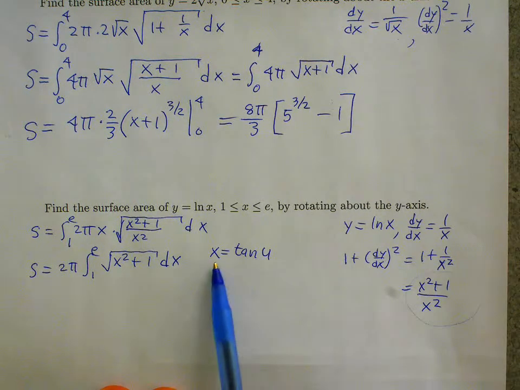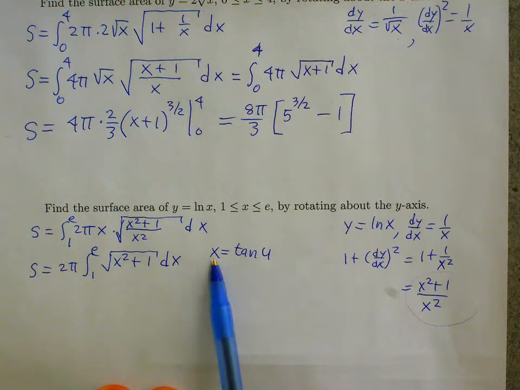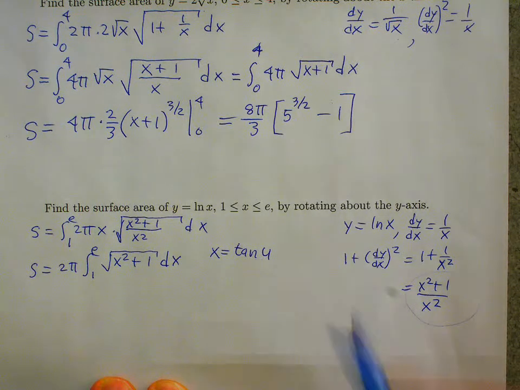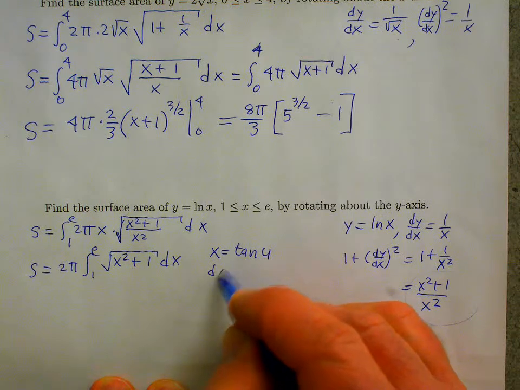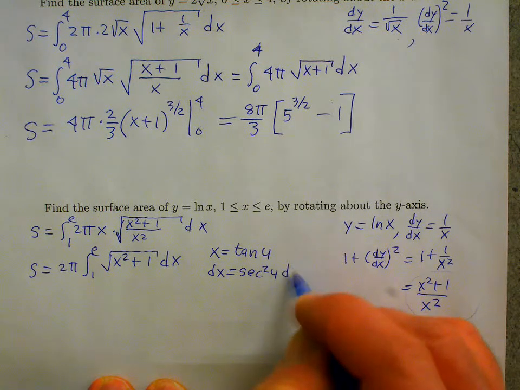So remember, when you're doing a trig substitution, you want to have tangent of a different variable than x. If you write x equals tangent of x, then you're using x for two different quantities. So that will get you into trouble. So we'll define x to be the tangent of u, and dx is secant squared of u du.